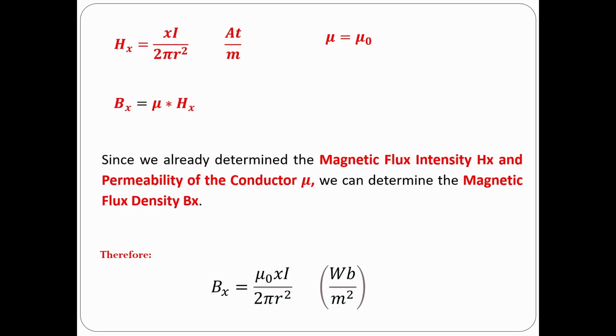Since we already determined the magnetic field intensity Hx as xi over 2 pi r squared, and mu is equal to mu naught, substituting Hx and mu into this formula, Bx is equal to mu naught xi over 2 pi r squared in Weber per square meter.